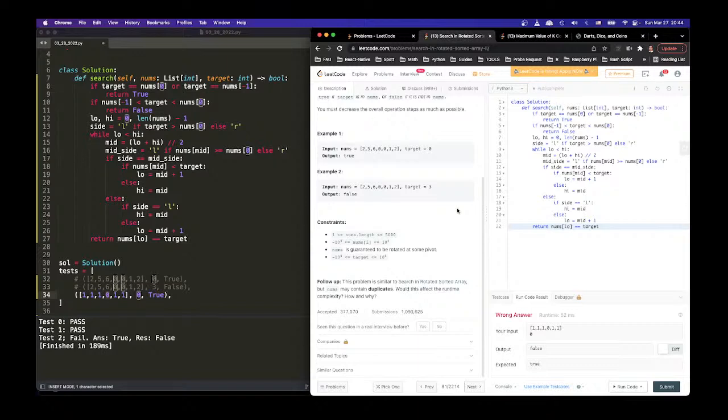Well, if we do that, we might as well just check directly. So no. How do we handle the duplicates? It could be a situation where, with the duplicates, I cannot tell if it's on the left or on the right hand side.